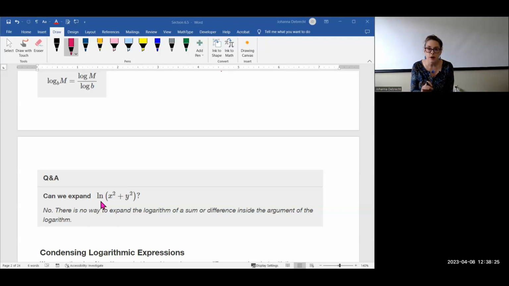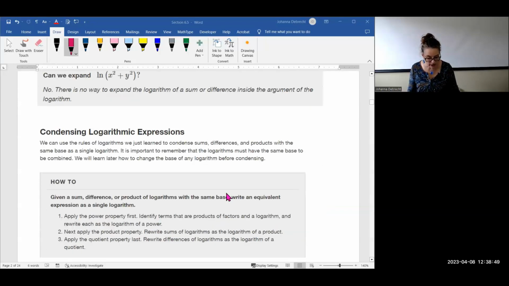So if your answer part has a plus or minus in it and you can't factor something out and make it multiplied or divided, then that unit with the subtraction or addition is going to stay together. And there's nothing you can do about that. This does not simplify to anything. There's no distributive property for logarithms.